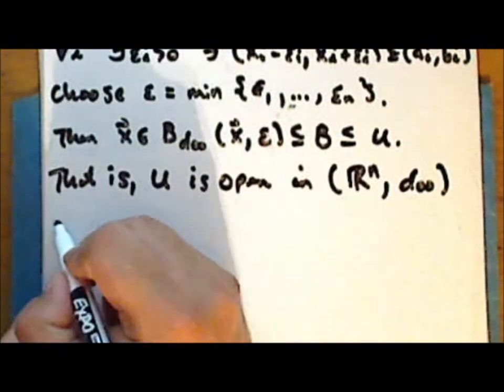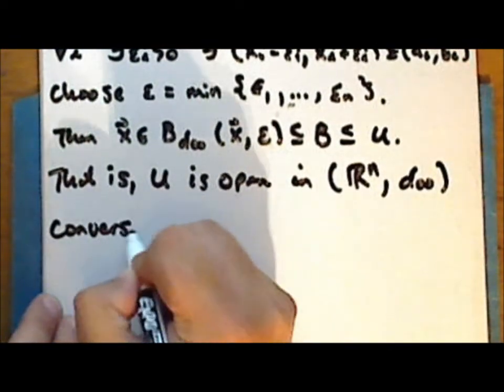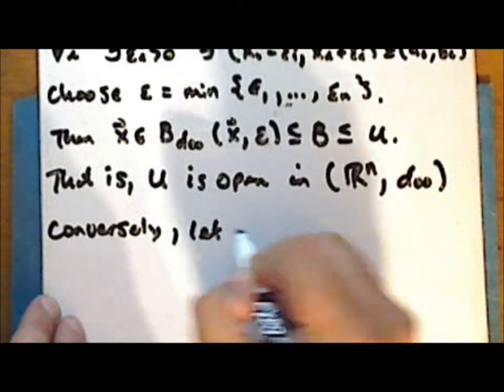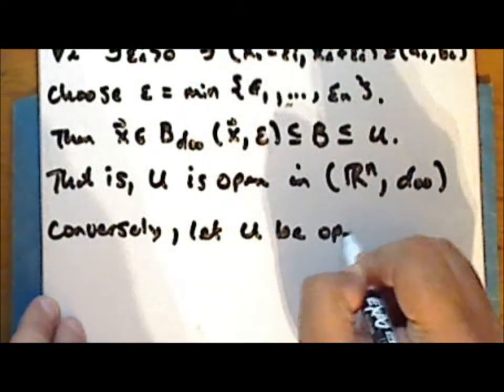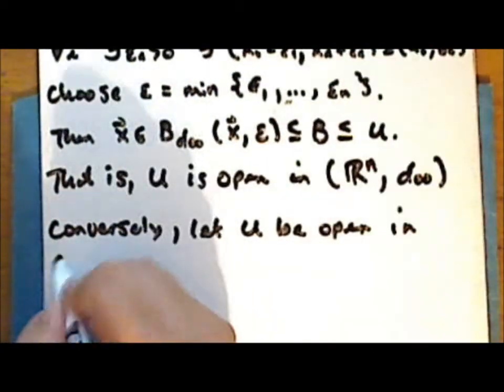So conversely, let the set U be open in the topology generated by the square metric.